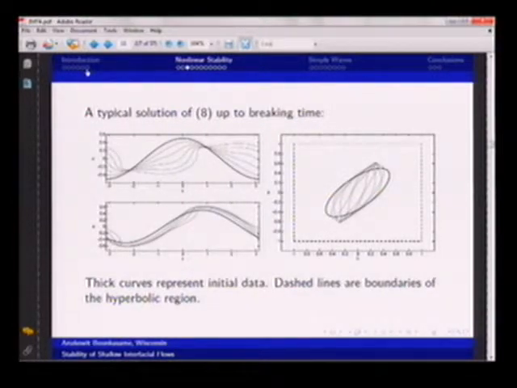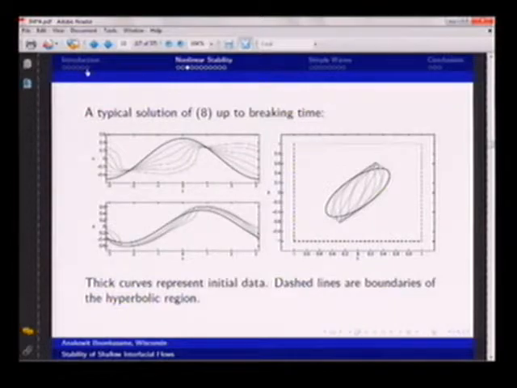So H versus W. Okay. My initial data is the thick curve, like so, and like so here. And I show the solutions at some points in time with other curves. Right? Like that. And the dashed lines that you see here are the boundaries of the hyperbolic region. It's just a square. Okay?